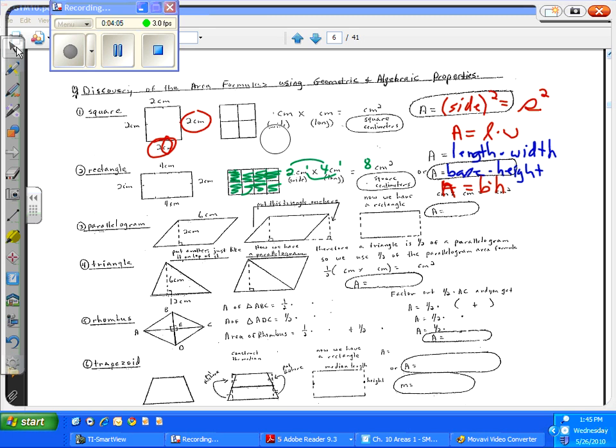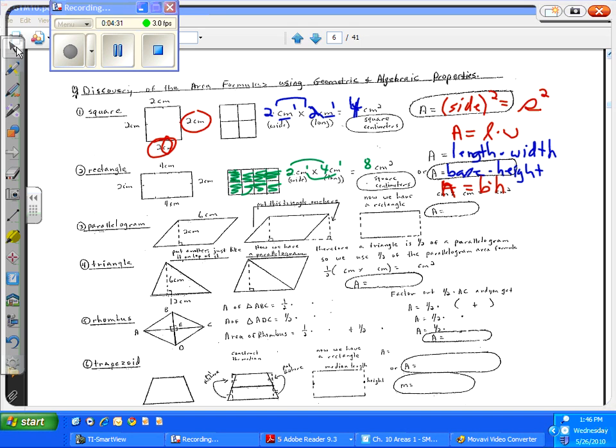This particular picture had a square whose dimensions were 2 centimeters by 2 centimeters. So you would take 2 squared, which is 4, and centimeters times centimeters is centimeters squared, and so we would have 4 square centimeters.